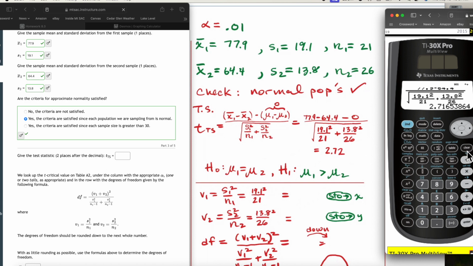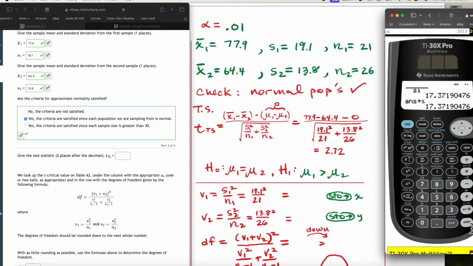So do a little clear on the screen. Fraction 19.1 squared over 21. And we'll just hit enter on that and store that in X. Okay, so we clicked the store button and then X here, and we hit enter.